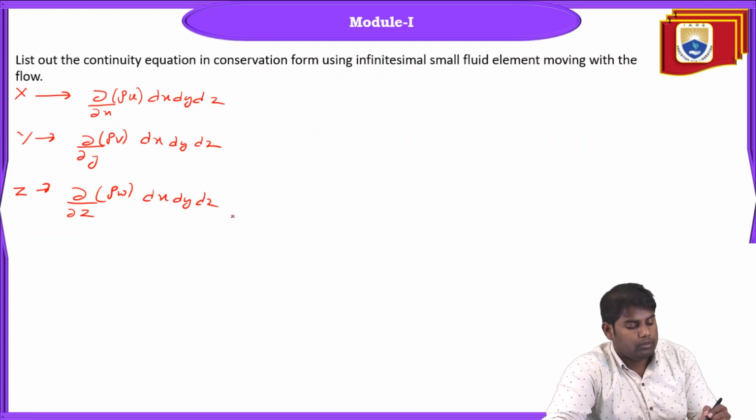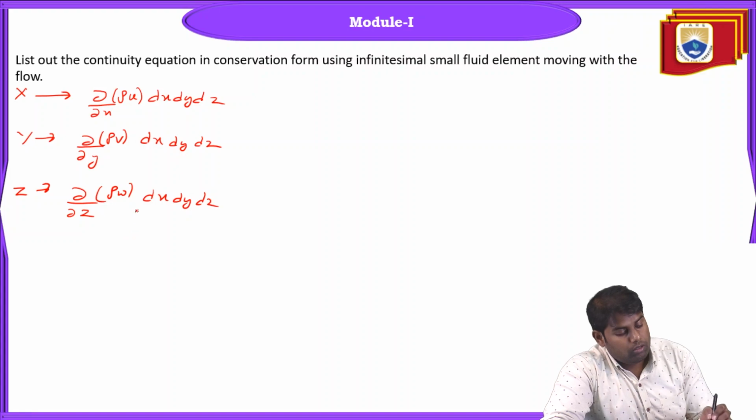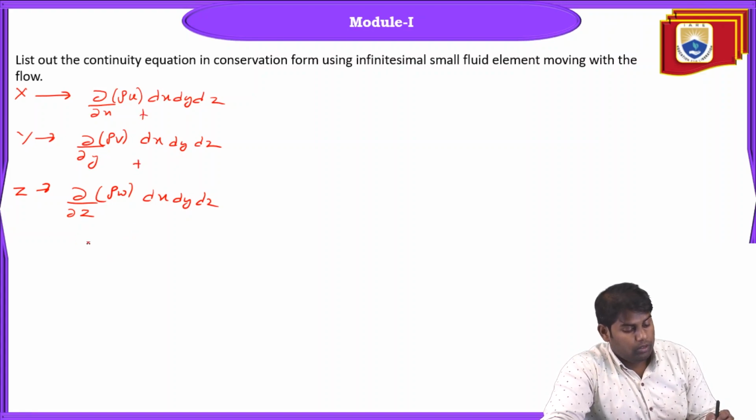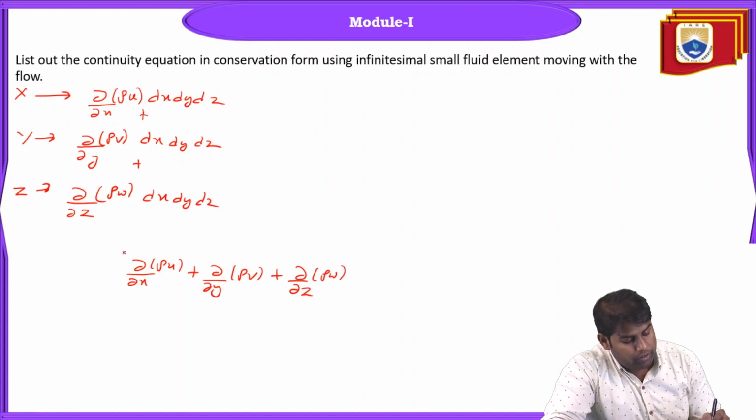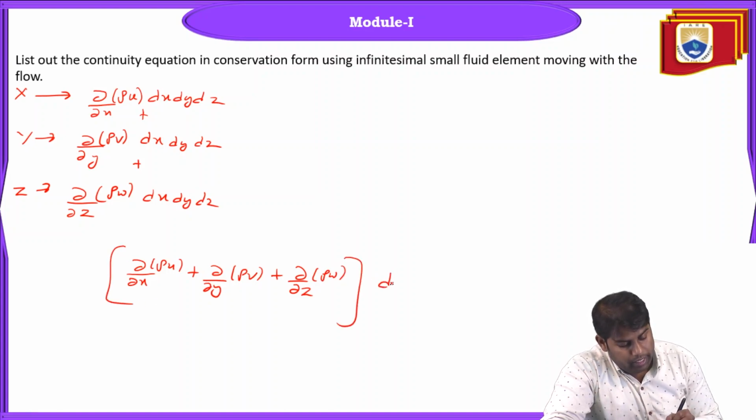So when you sum it up, these three will add up. Finally, if you rearrange, we get dou by dou x of rho u plus dou by dou y of rho v plus dou by dou z of rho w, which has the common dx dy dz, is equal to 0.